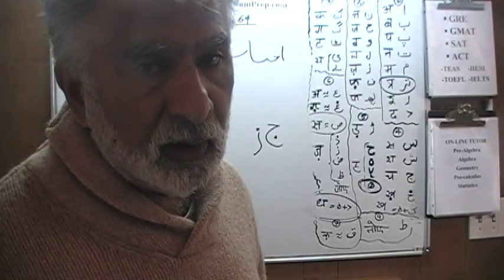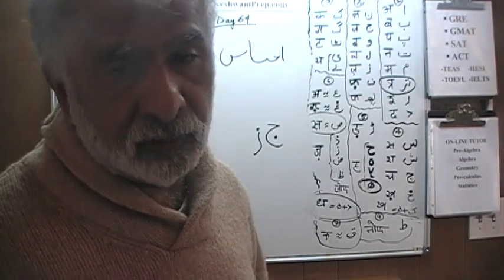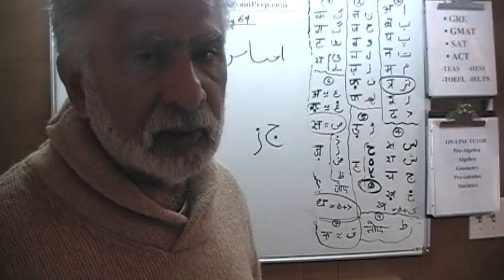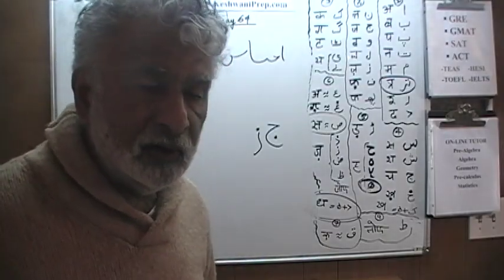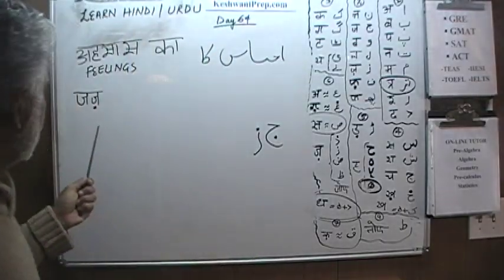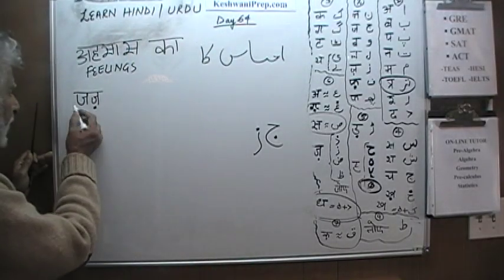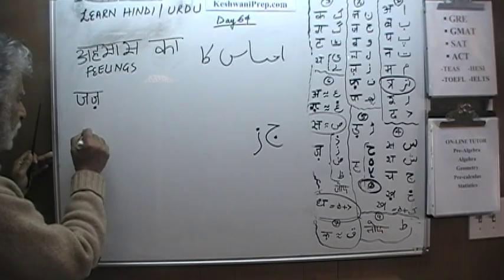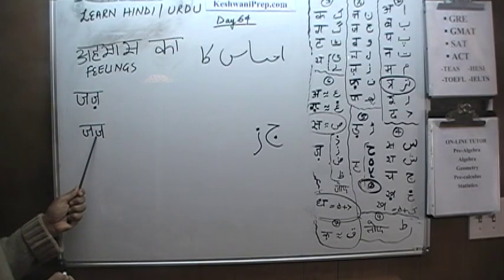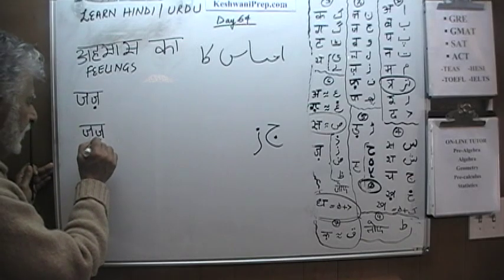Whenever a word has the sound z in it, they will say j. It's jazbat, j, z, bad, jazbat. Because Hindi does not have a unique letter to represent the sound z, we improvise by putting a dot. We use the same letter as this one, and so here's your j, and then we write j again, but to tell ourselves this is not a j, it's a z, we put a dot underneath.